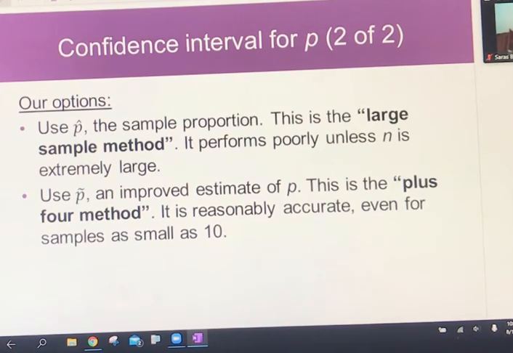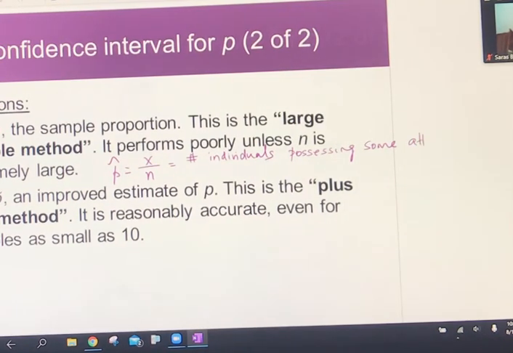One is called the P hat, based on the sample proportion. And as you know, the P hat is going to be X over N. So what is the P hat? P hat is given by X over N: the number of individuals possessing some characteristic under study, some attribute, over N, which is the sample size.